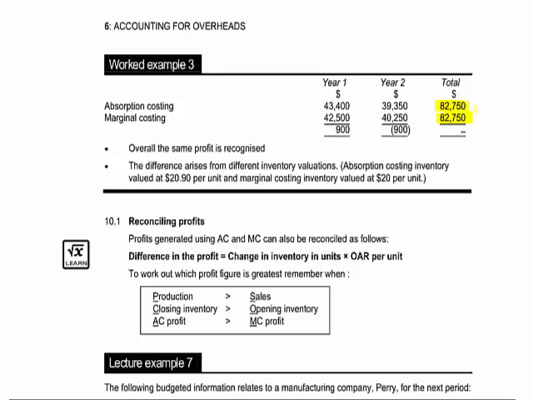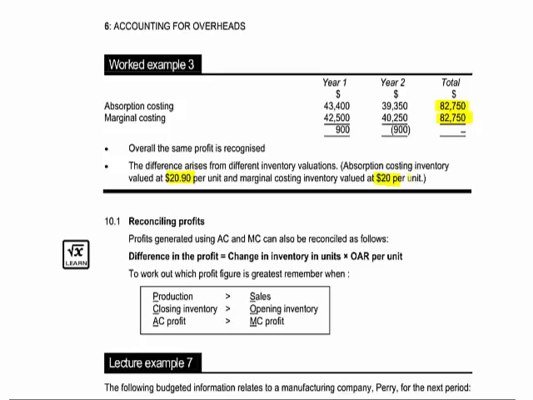We end up with an additional amount of fixed overheads carried forward in year 1's closing inventory under absorption costing of 90 cents, because we're valuing that closing inventory of 1,000 units at $20.90 rather than $20. In year 2, we end up with the marginal costing profit being higher because we are bringing forward less in opening inventory.